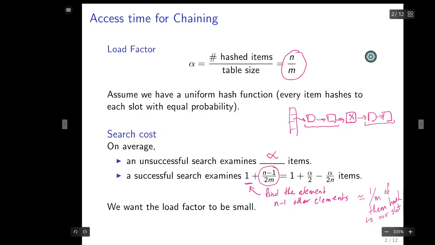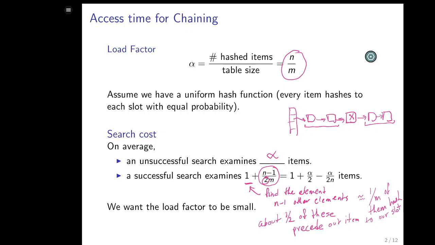And so about half of those precede our item, and that's where this 2 comes from. So you have n minus 1 over m things, and about half of them precede the thing we found, x, in the table. And that's the number of steps in a successful search.